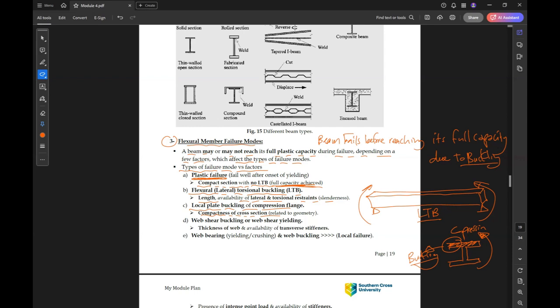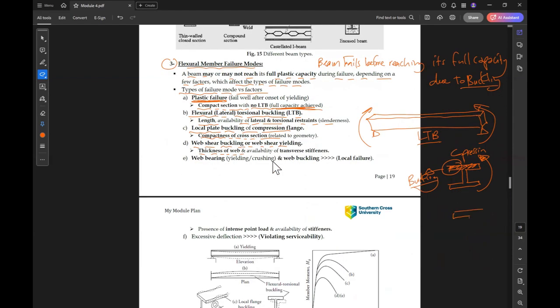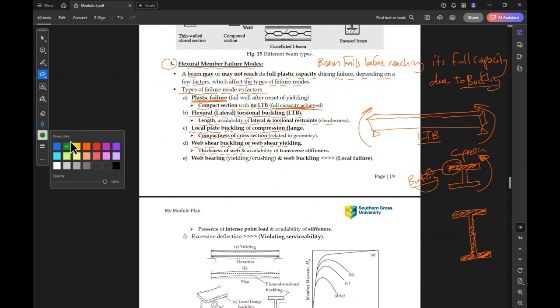One of the modes also of failure is web shear buckling or web shear yielding. This happens due to the thickness of the web. Also, in some cases, if the web is too long or too high, the web itself buckles due to shear.